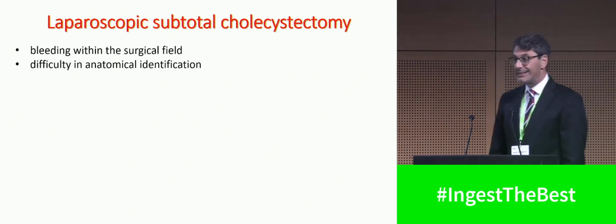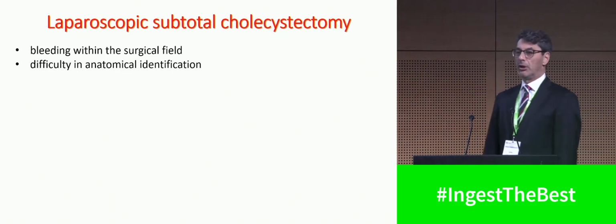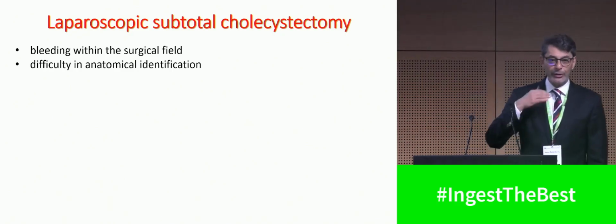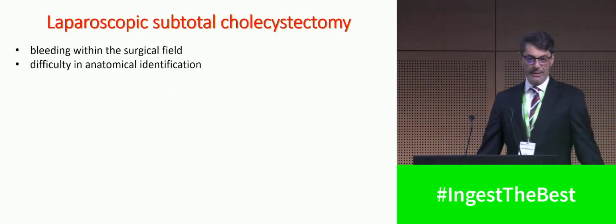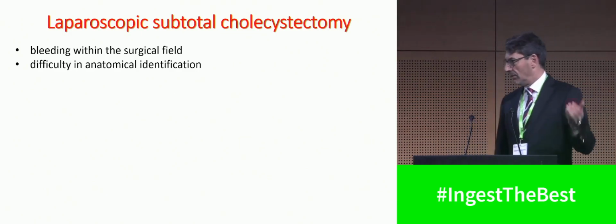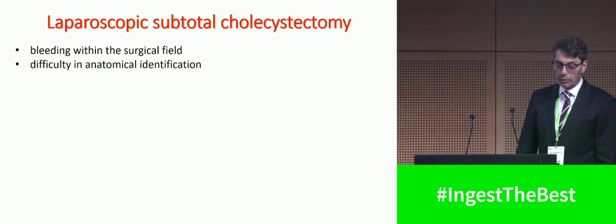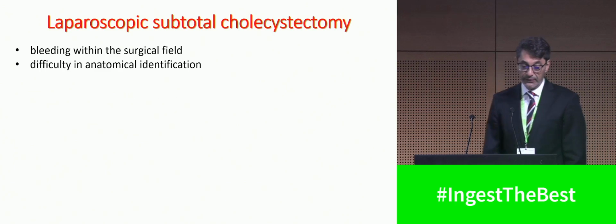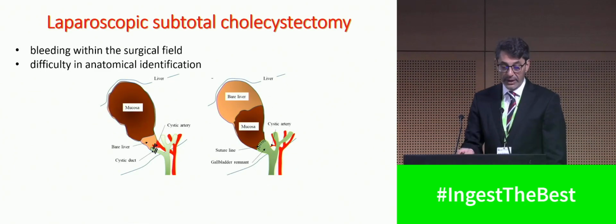When I started surgery, it was a shame to do subtotal cholecystectomy. You were an incapable surgeon who could not finish that very simple operation. But it's often not a simple operation. And when you decide to do it, when you have bleeding within the surgical field and difficult anatomical identification, there are two ways you can do it.